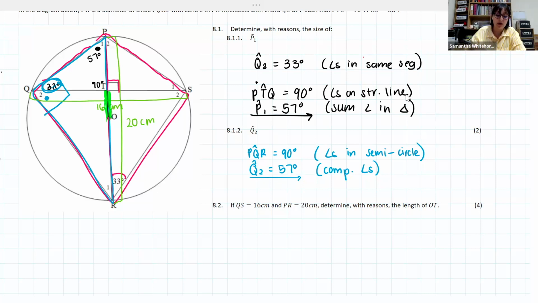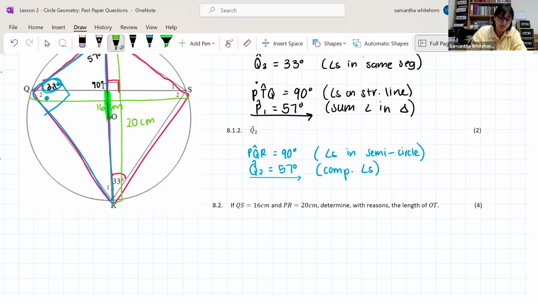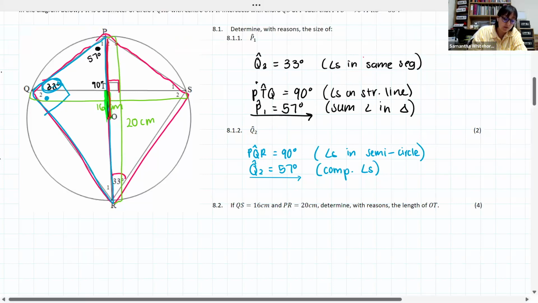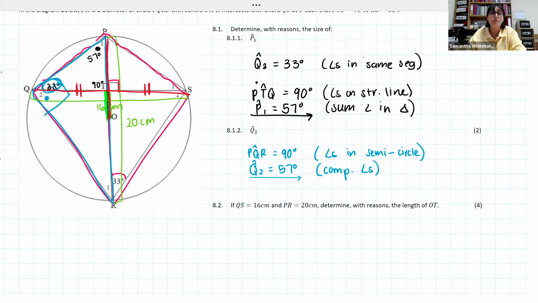And this is what we said earlier. Because this line, OP, is from the center, and because it meets with this chord QS at 90 degrees, we know that TS is equal to QT. It bisects the chord. And so we actually know that this is 8 centimeters.